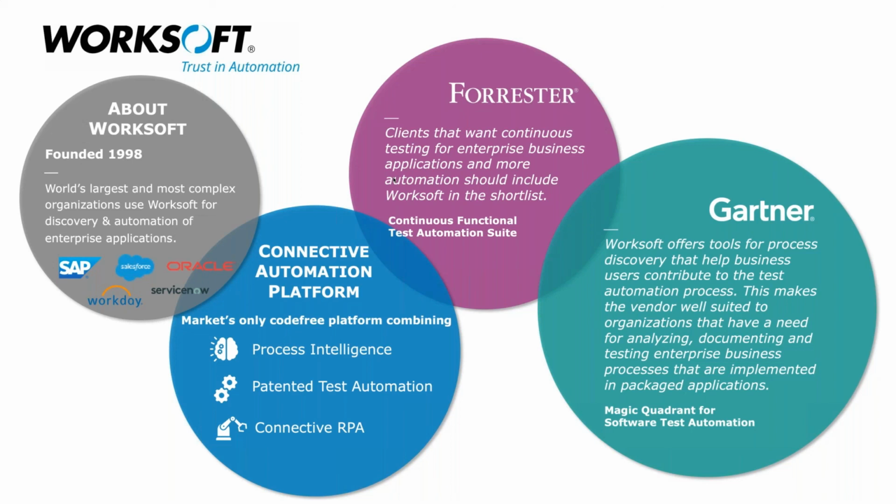So your entire enterprise application landscape is covered, and therefore your business process end-to-end is covered by Worksoft automation. And of course, you can see quotes here from Forrester and Gartner that acknowledge us in the process intelligence realm as well as the test automation realm, and then also acknowledge us as the clear leader for doing large-scale automation for package applications.